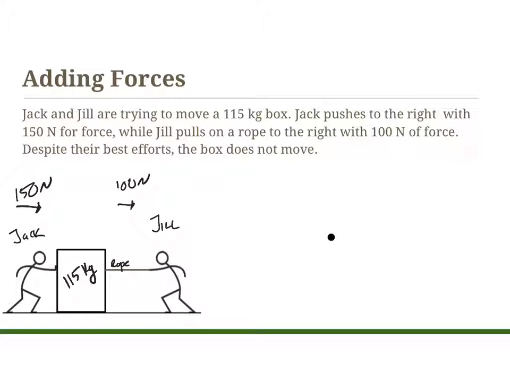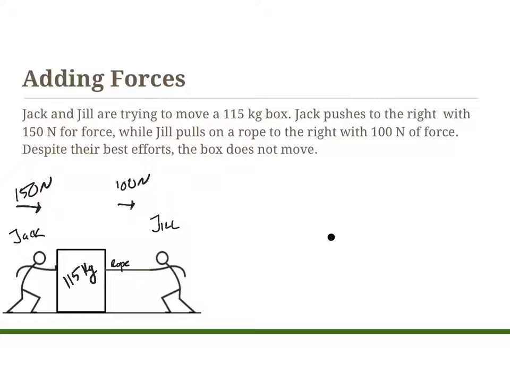Now, here's the deal. You have to draw a force diagram that illustrates the scenario in question. So here is where we are at. The first thing we need to do is figure out what the force of gravity is on this particular box.